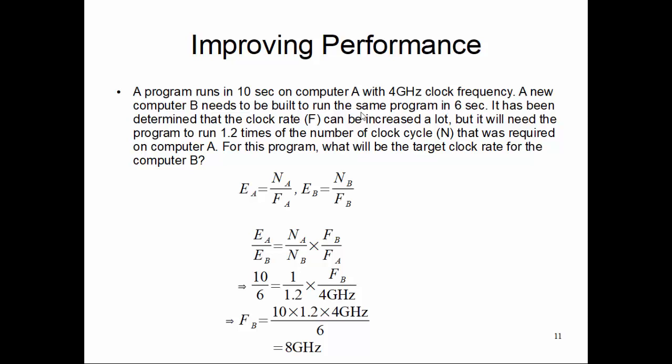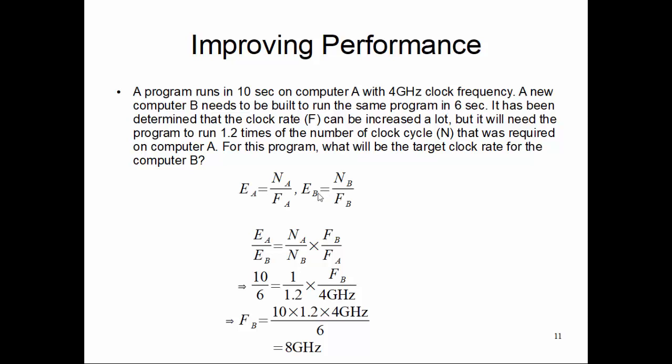There are known elements: we know the execution time in A and B, we know the relation between the number of cycles, and we know the frequency of one computing system. The only unknown is the frequency of the other system. That's what we need to calculate. So we start with the execution time definition, which is number of cycles by frequency, for system A and system B, and then we take the ratio.